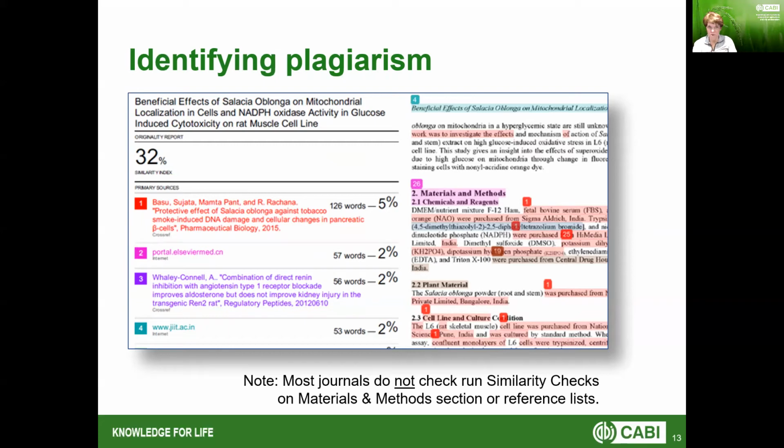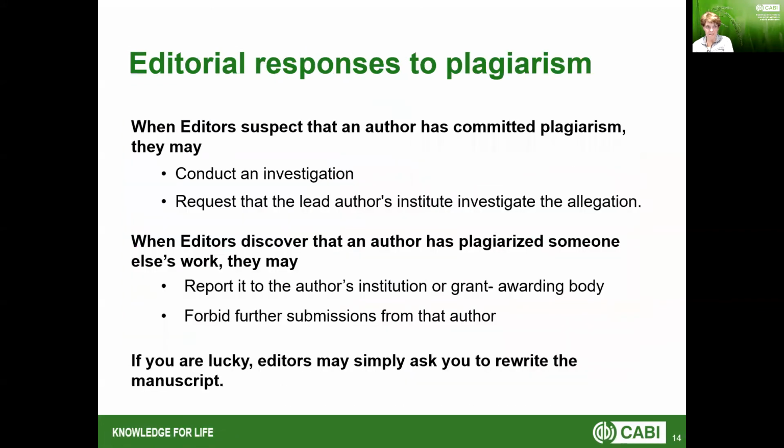They take those out of the check, nor do they run on reference sections, because those are so similar so much of the time. So this isn't necessarily every journal, but most journals take out the material and method sections and the reference sections from the similarity check assessments.